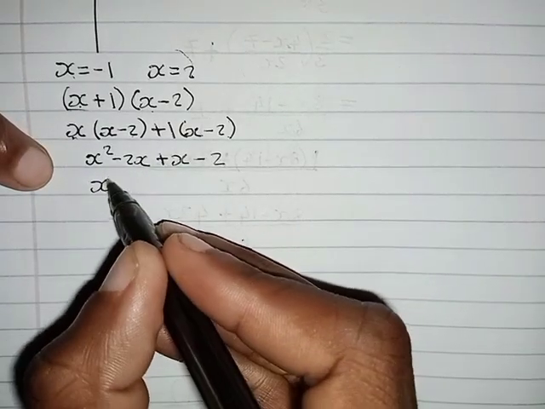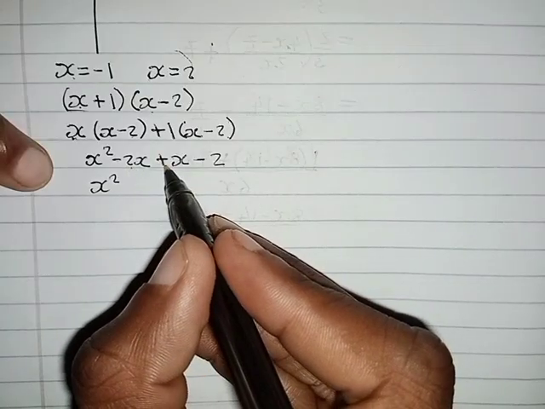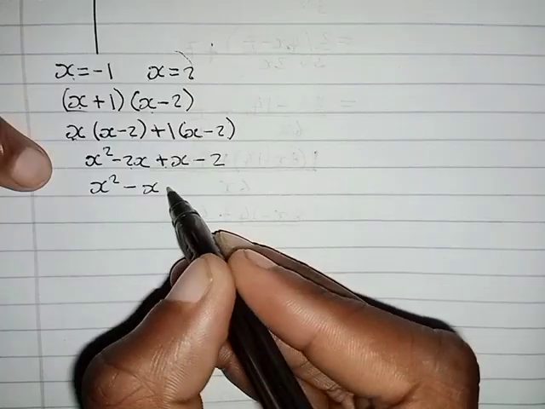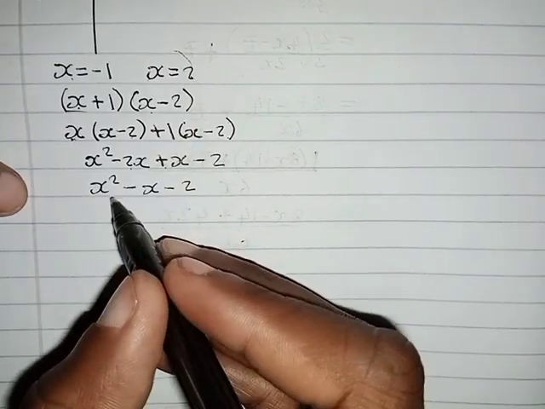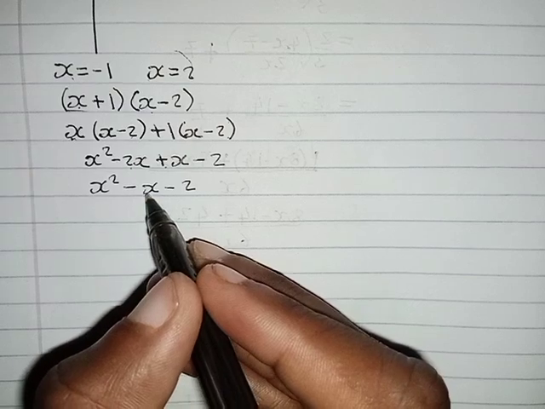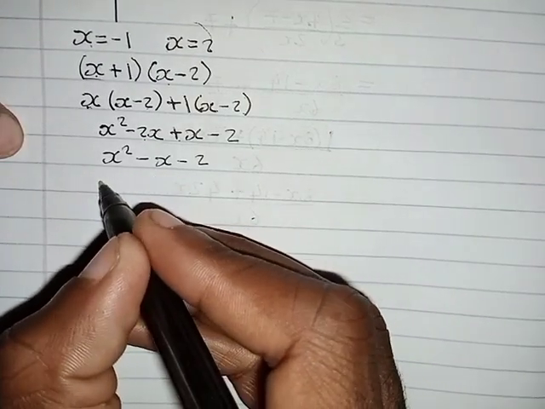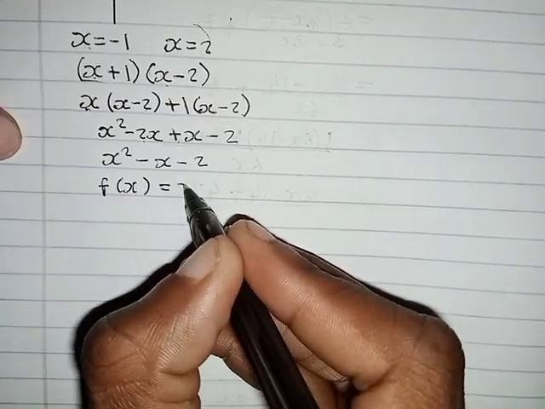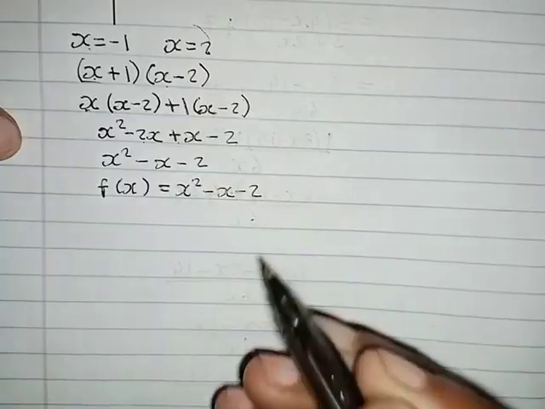So we have x squared, -2x plus x. This will give us -x minus 2, like that. So this is how far this can be simplified. So the final answer should therefore be f of x is equal to x squared minus x minus 2.